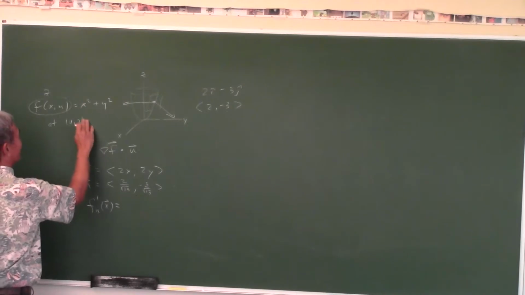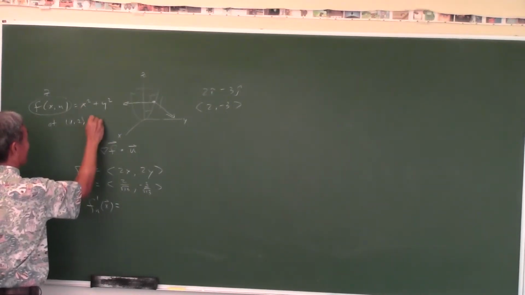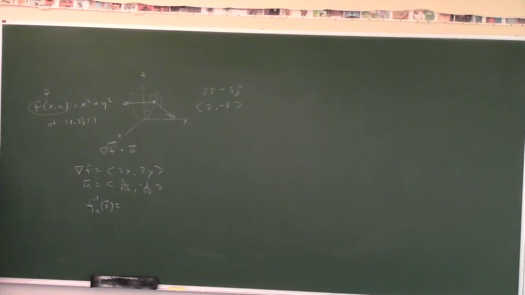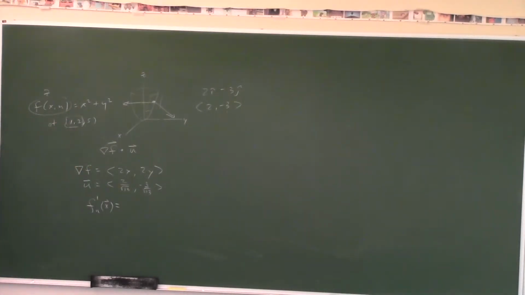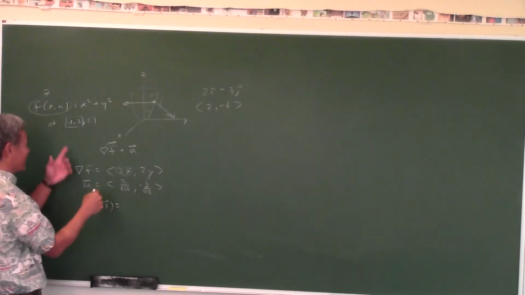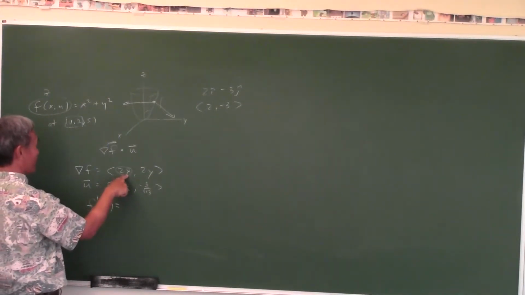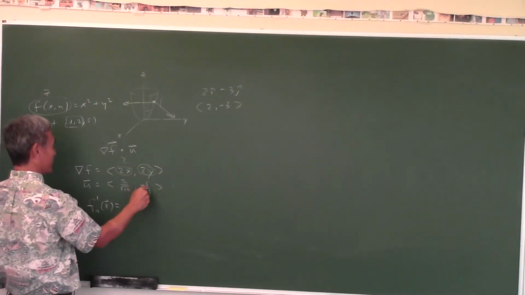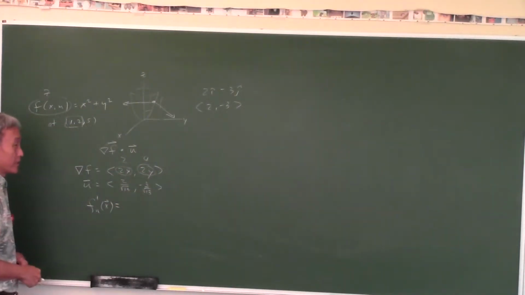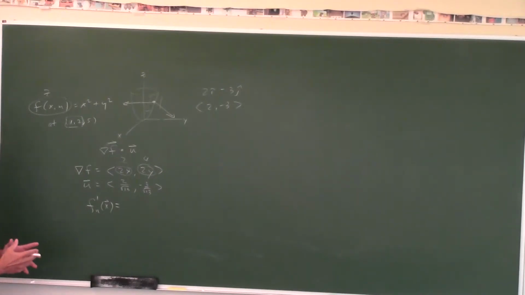Well, of course, it's actually (1, 2, 5), but they just gave you this because once you know the x and y coordinates, you just plug it in to get the z coordinate there. So actually, we know the gradient at this point. What happens when I plug in 1 for x? 2. What happens if I plug in 2 for y? 4.